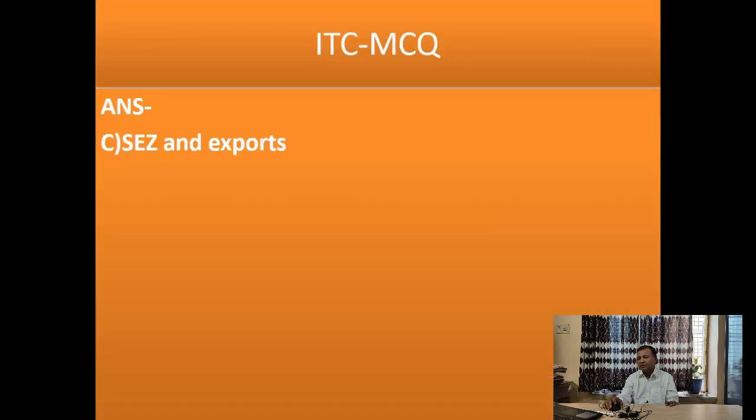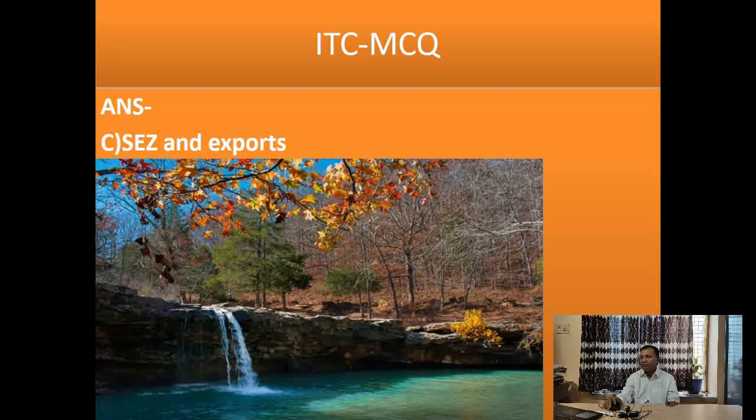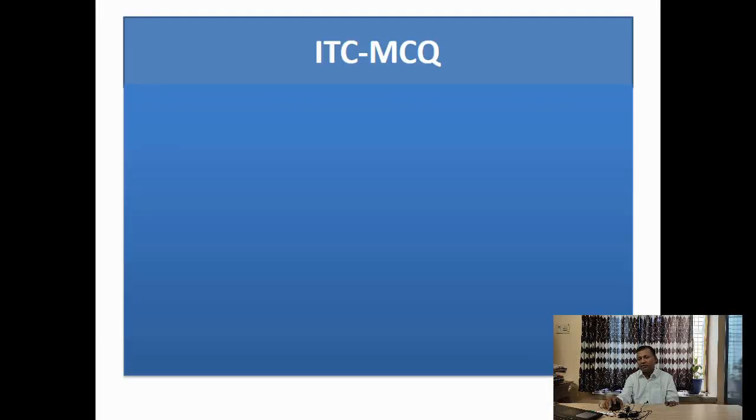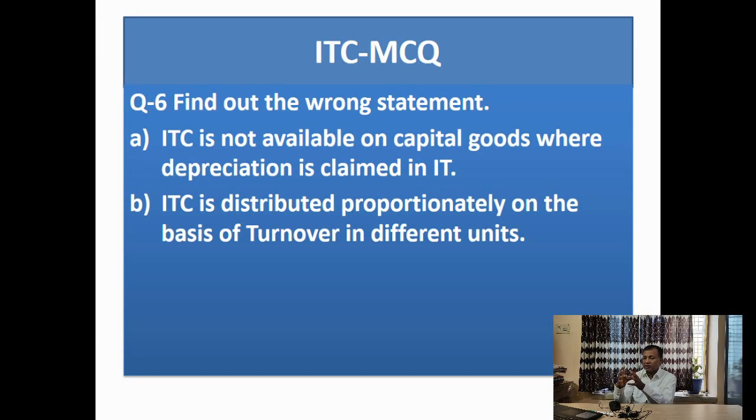Let us come to question number 6. Find out the wrong statement. Here, in these statements, you should find the wrong one. ITC is not available on capital goods where depreciation is claimed. Yes, this is a correct statement.